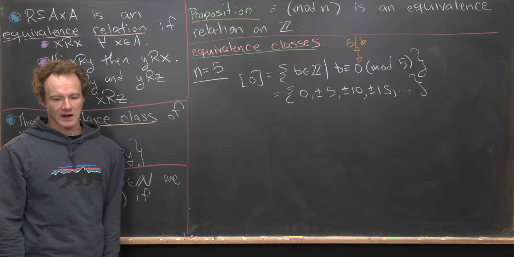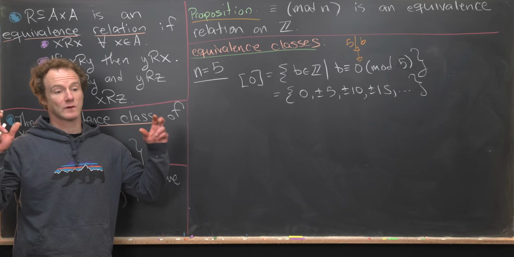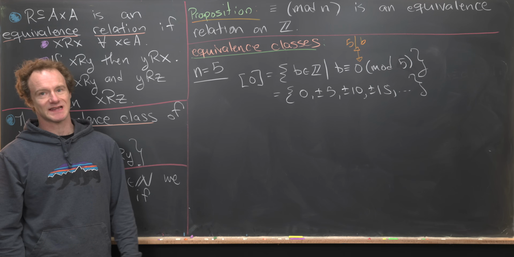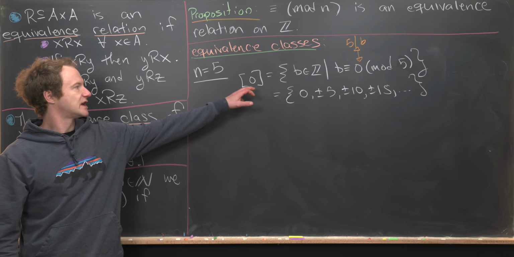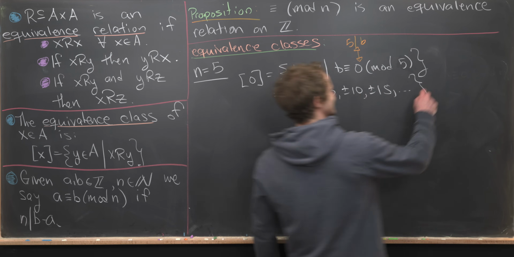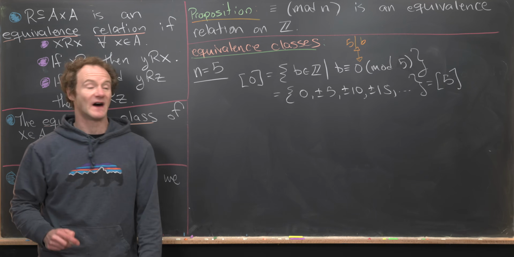The important thing about equivalence classes is that it doesn't really matter what equivalence class representative you take. You can have multiple names for the same element. So here we've got 0 as the equivalence class representative, but that's the same thing as looking at the equivalence class representative with 5.